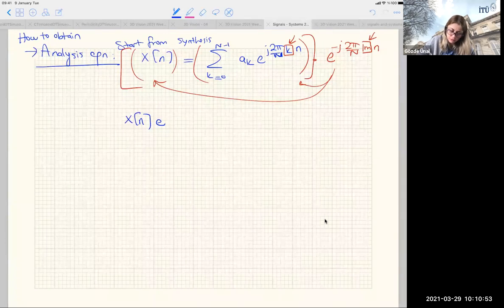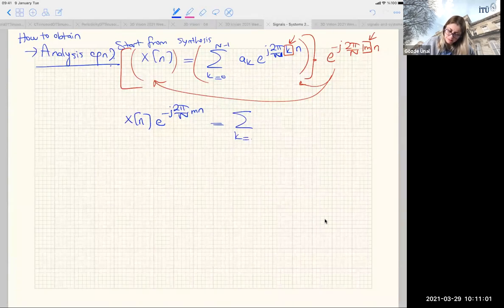To obtain the analysis equation: x of n e to the minus j 2 pi over N m n is the sum over k from 0 to N minus 1 of a k e to the j 2 pi over N k minus m n.